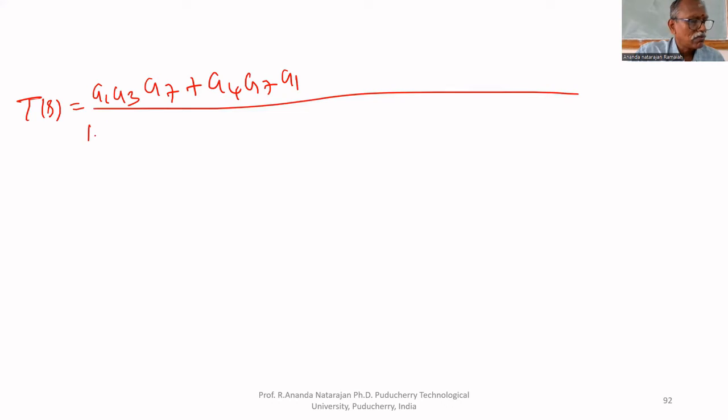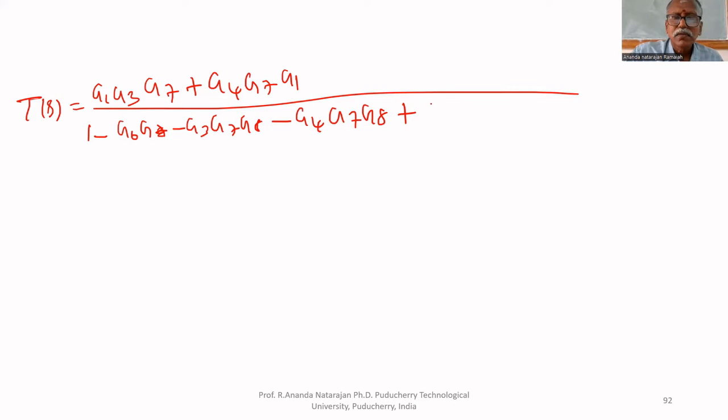Okay, the transfer function can be written as P of S equal to the numerator: G1 G3 G7 plus G4 G7 G1, whole divided by 1 minus G6 G7 minus G3 G7 G8 minus G4 G7 G8 plus G1.